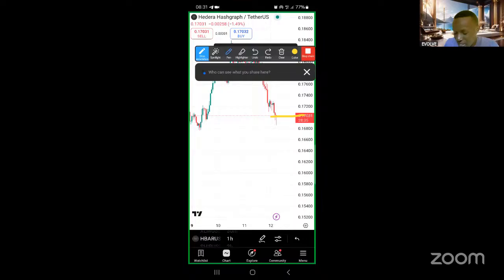Where will the price find support and bounce off to possibly come back? Or if it goes up, where will the price find resistance not to continue going up, but rather to bounce back downward? How many of us understand what I'm just explaining?